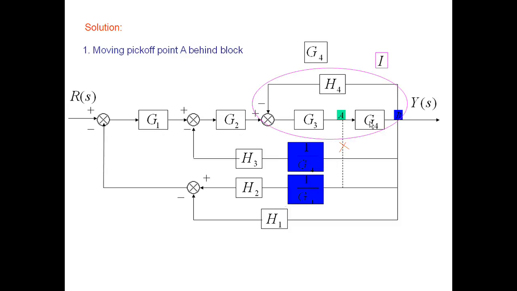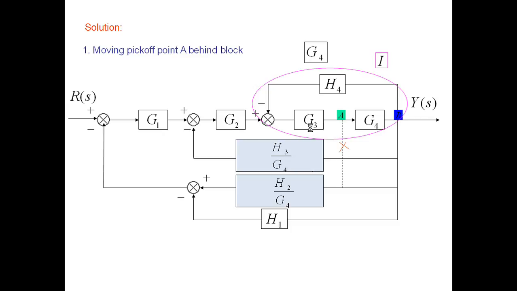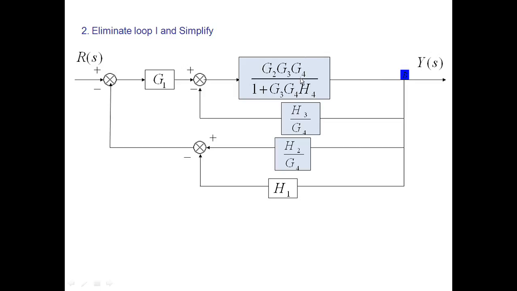Then G3 and G4 are cascaded, so we get G3 G4, and this is a negative feedback loop. The simplified block for this negative feedback loop is G2 G3 G4 upon 1 plus G3 G4 H4. Here we can easily get two different negative feedback loops, one is this and the second is this.